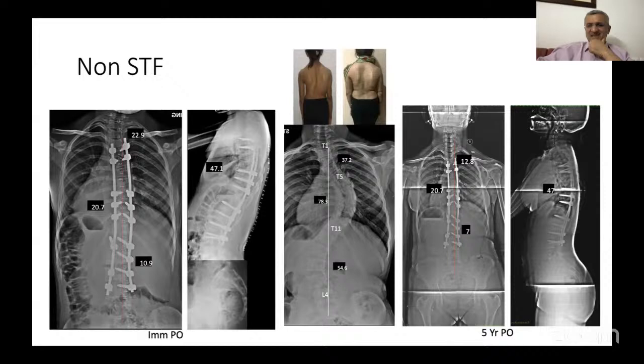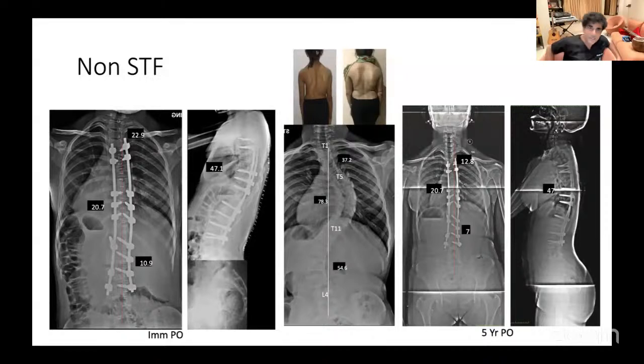Good, excellent. Looks nice, balanced well. I like the sagittal profile. It's a nice sagittal profile. One of the things is when you use fewer screws, you get a better sagittal profile. Otherwise, you get a flat back.